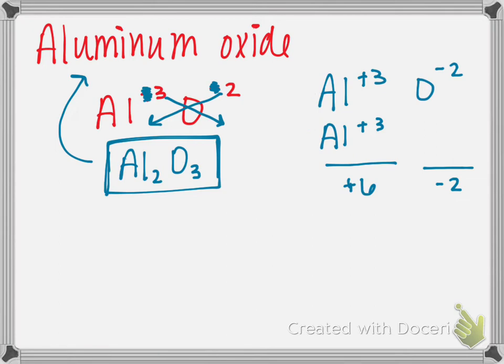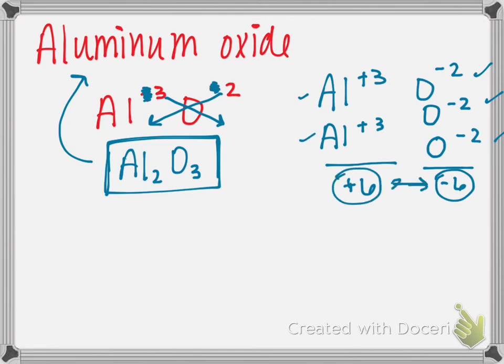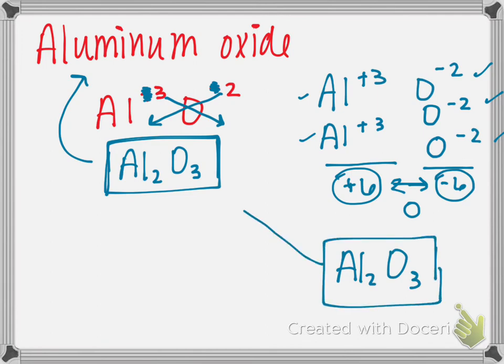And so now I've got to get enough oxides together to equal -6 so that I can balance. So now I've got 1, 2, 3 oxides that add up to -6. I've got 2 aluminums that add up to +6. Those balance each other out. That becomes neutral, and that means my formula would be Al2O3, which is the exact same as what we got when we did the crisscross method.